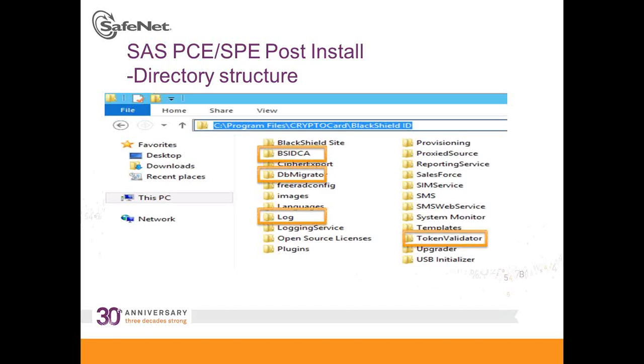We've got a database migrator. We've got a Black Shield log directory, and we've also got a token validator WSDL as well. If you want more information on what is in each of these directories, just drop me an email, and I'll be more than happy to help you understand what's inside these directories.